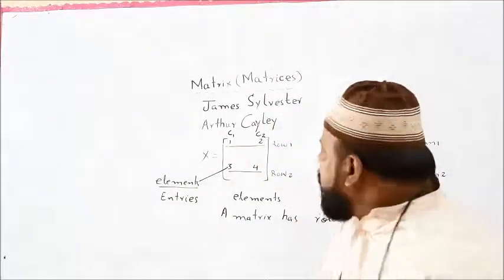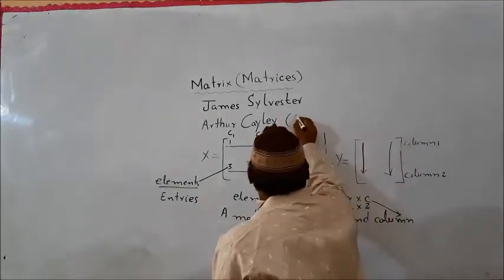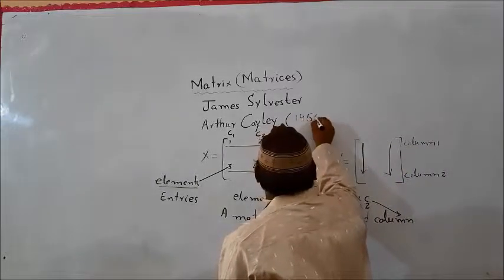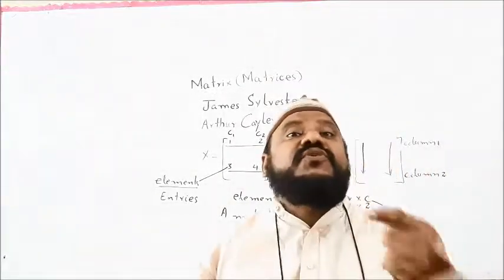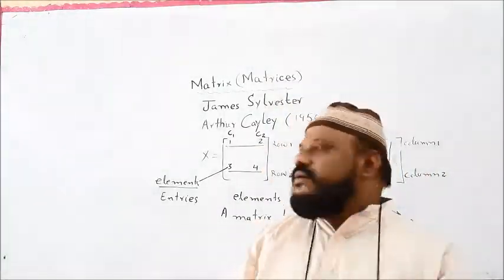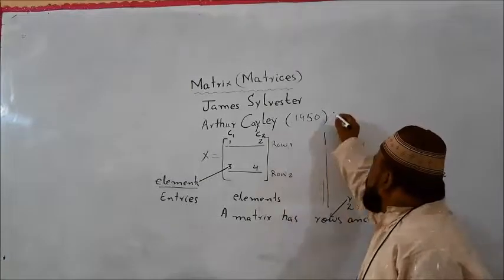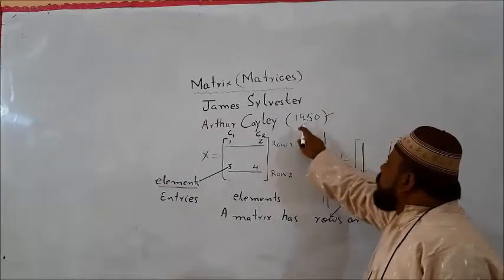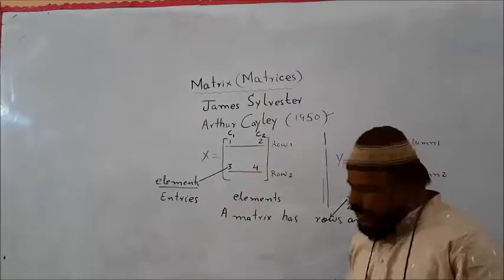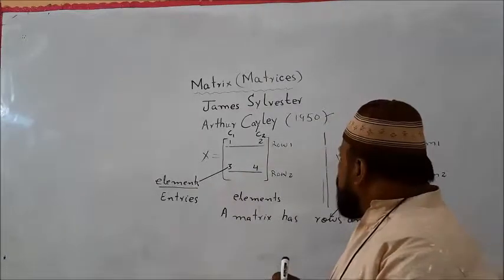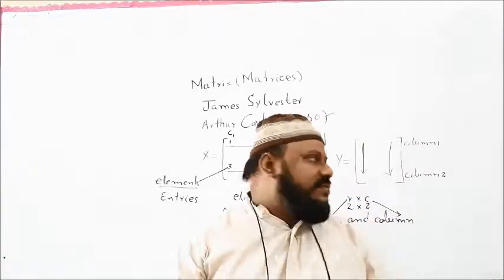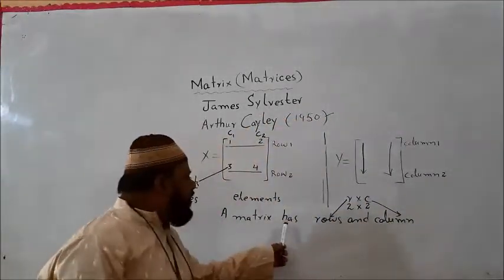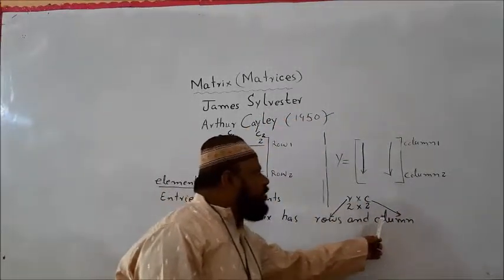I told you 1950, but in your book 1958, but from my point of view it was introduced in 1950. So we say a matrix has rows and columns.